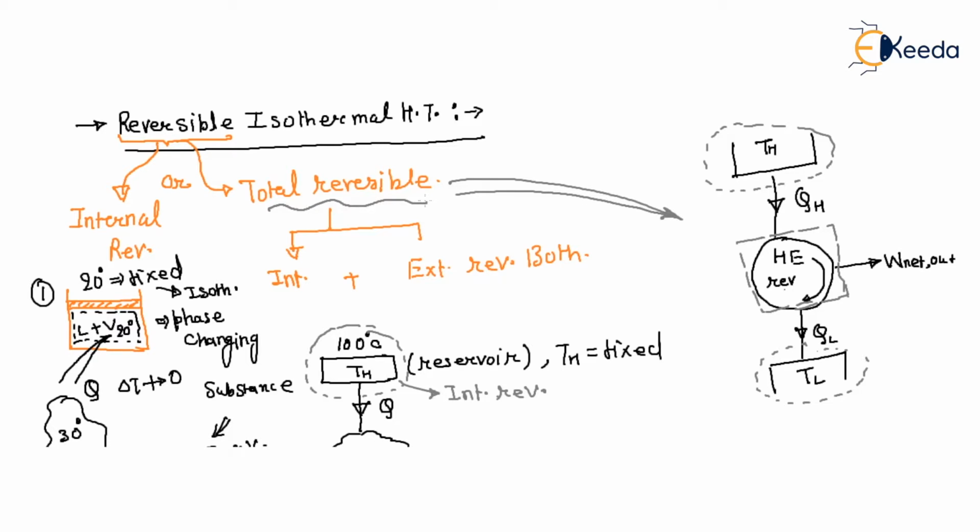Because the heat transfer takes place between TH minus dTH and TL plus dTL, and these dTH and dTL are very small, so this is externally reversible, and there is also internal reversibility. So it is totally reversible, right?